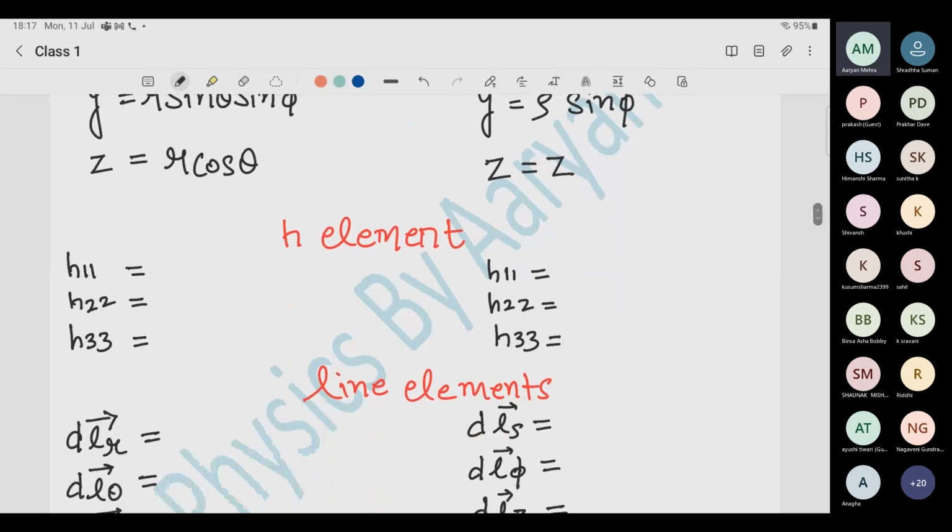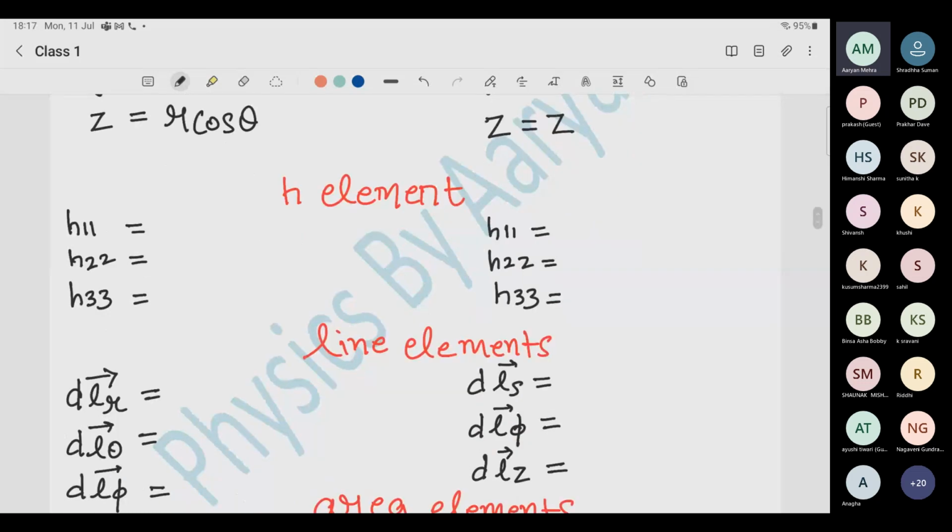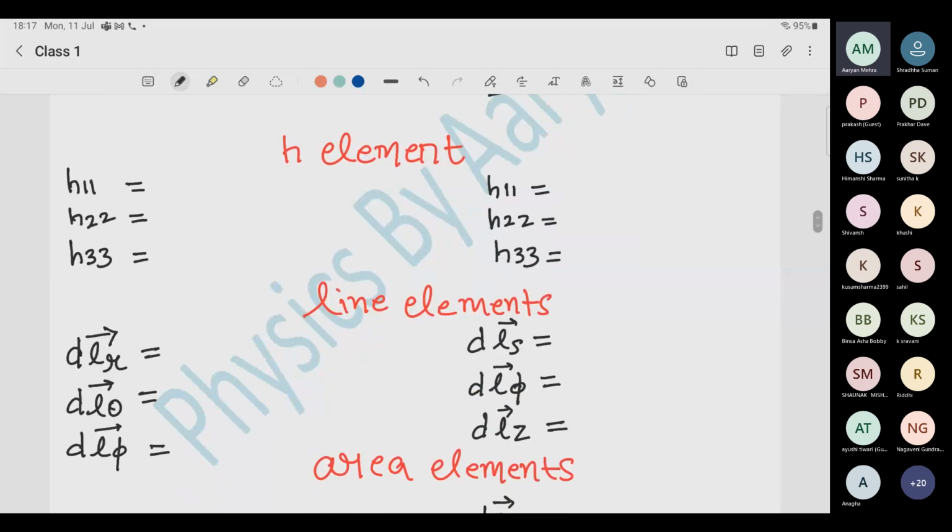If you know these three things, you will never forget the formulas of the spherical and cylindrical coordinate systems. This is called H elements. No book explains in terms of H elements. There are three H elements in spherical polar coordinates. H11 is 1, H22 is R, and H33 is R sine theta.